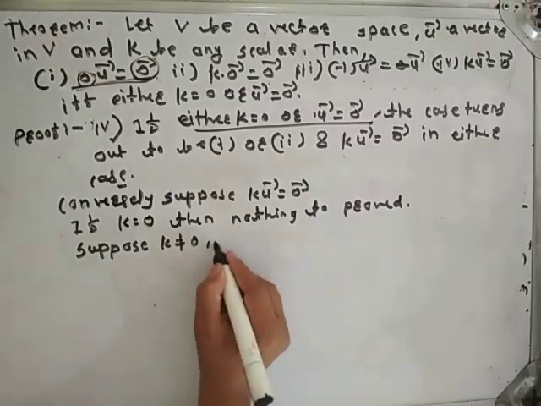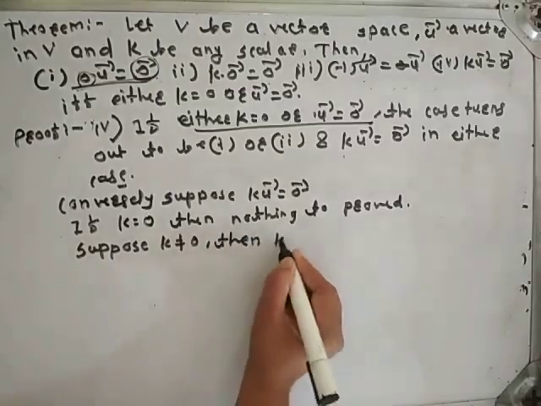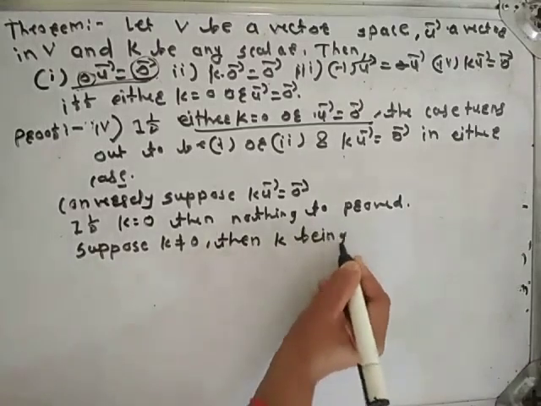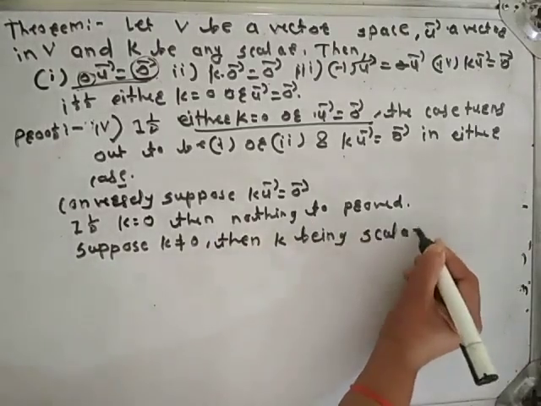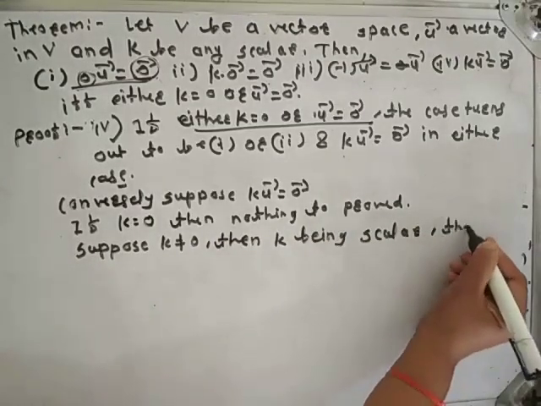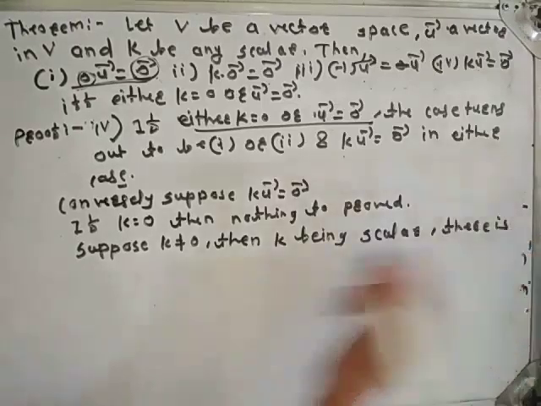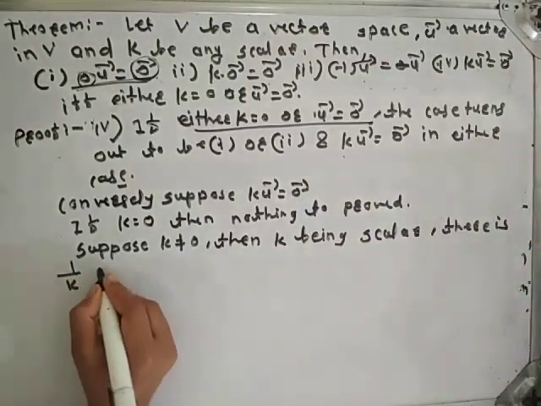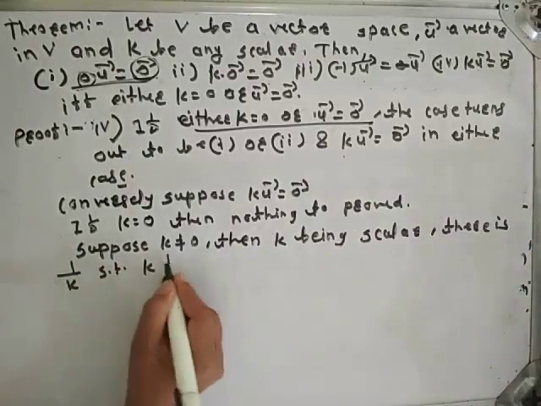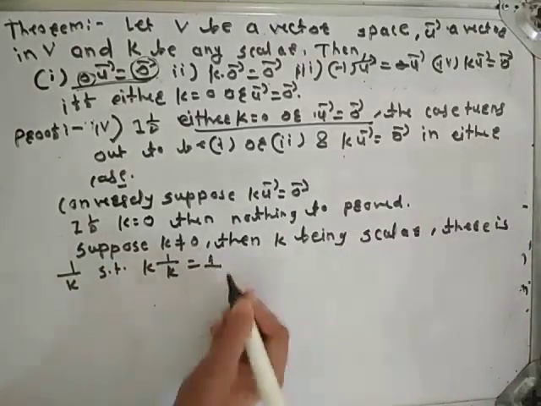Then, k being a scalar, there is 1 by k such that k into 1 by k is equal to 1.